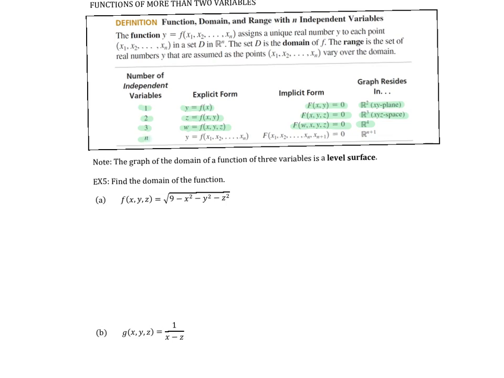So for any n number of independent variables, we're going to have a function of n independent variables, or we can write it as n plus 1 in implicit form, and that would be in R to the n plus 1 space. Again, I have no idea how to draw that, but it's fascinating that we can still do the math there.